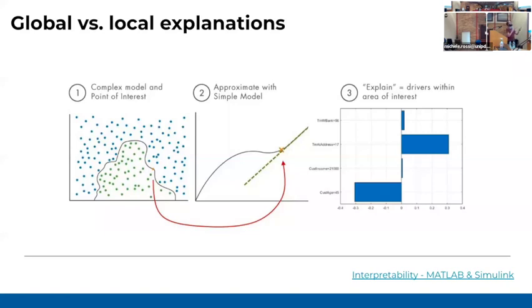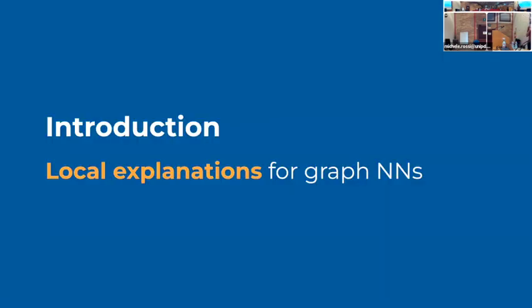So you can look at the behavior of the deep neural network only in a very short neighborhood. You can build, for example, a linear model on top of that, and then you can understand this simplified model to see what are the driving factors behind only this particular prediction. This is a very, very famous method called LIME. But just to give you an idea.